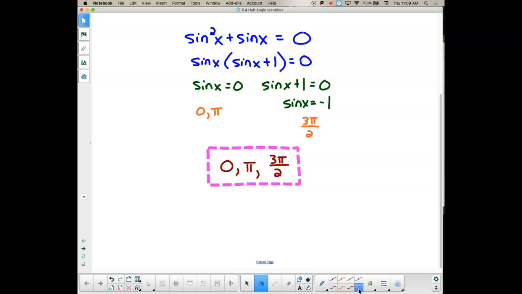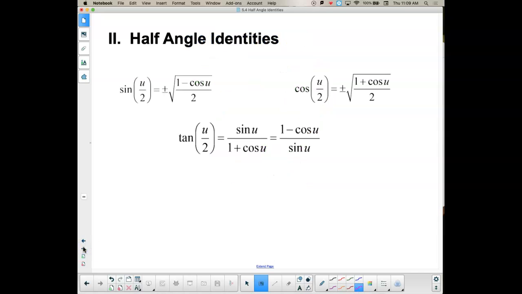Okay. We are now on the 3rd page of your pink packet, where we find the half angle identities. So this is yet another way to find exact values of non-unit circle angles.